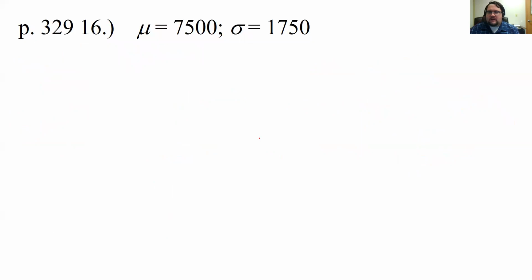All right, so let's look at an example. We're going to look at page 329 in your book. Number 16 has to do with white blood cell counts per cubic milliliter. We're told that it's approximately normal, with a mean of 7,500, and they estimate the standard deviation to be 1750.